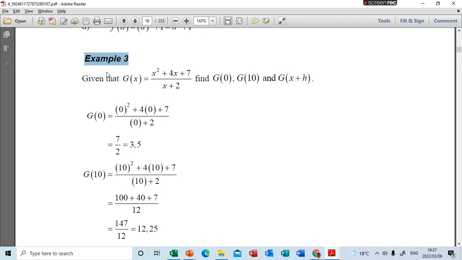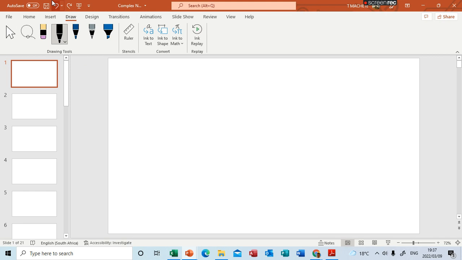Limits are very easy. They tell you that if they say g of 0, where there's x, you're gonna put 0. Then g of 10, where there's x, you put 10. See?